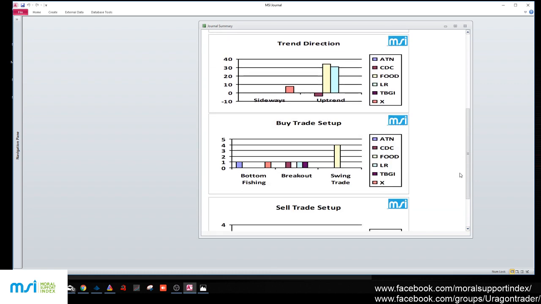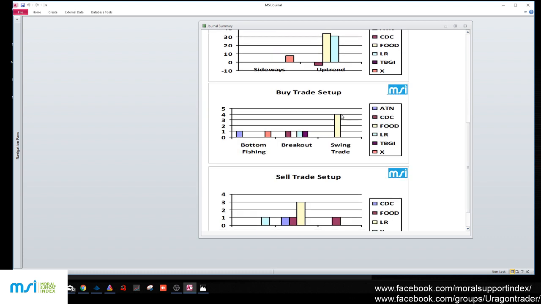Regarding trend direction, so makikita mo dito na you are more of an uptrend trader rather than a sideways trader. So you could be a momentum trader. Buy trades, ano naman yung madalas nating ginagamit na setup.